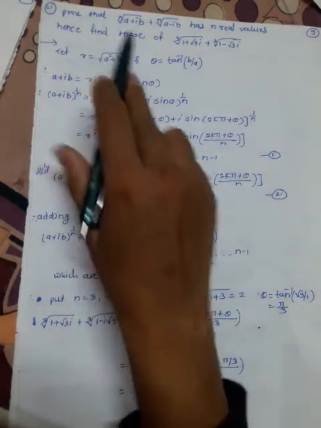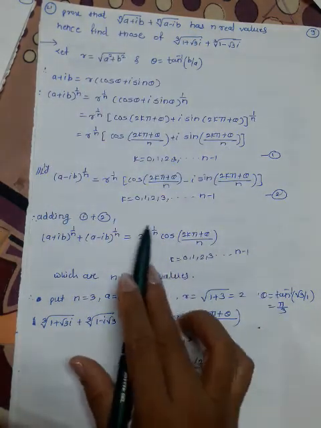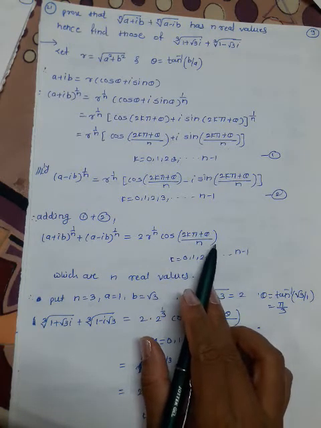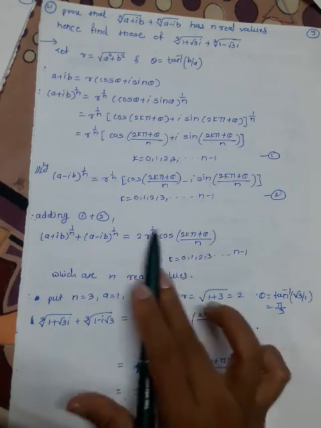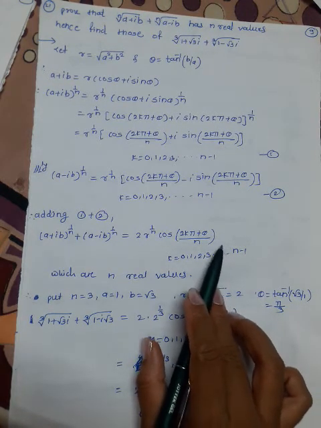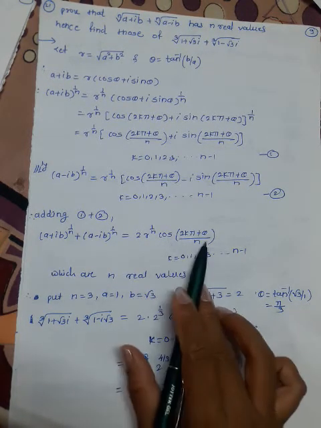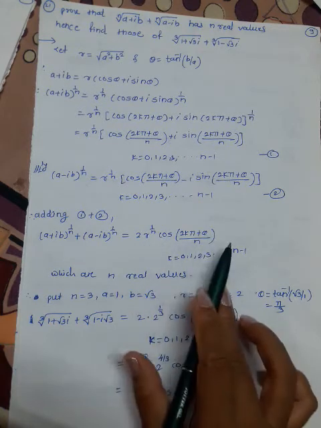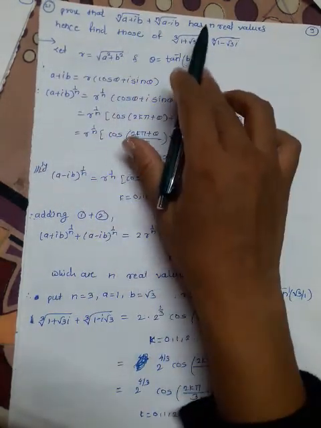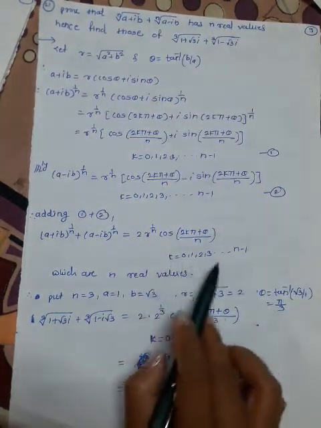Now if you observe this answer, on the RHS only a real number is there, no complex number. If i is there we call it a complex number. On the RHS there is no i value, that's why this is a total real number, that's why we have these n real values.